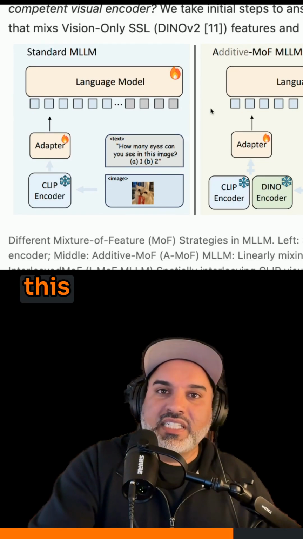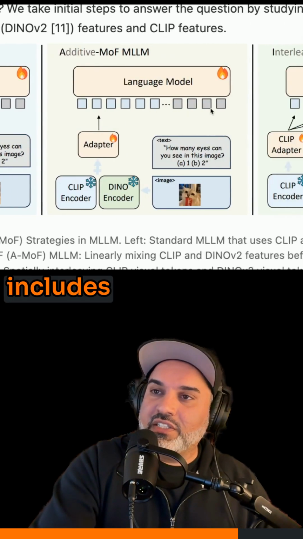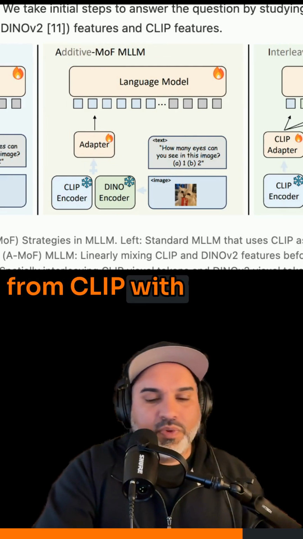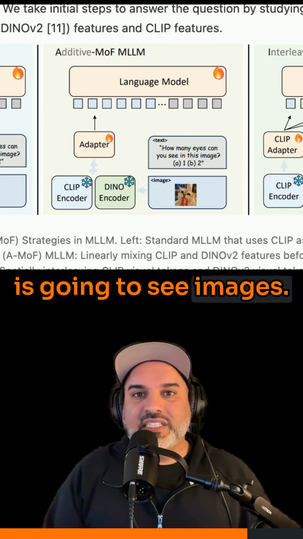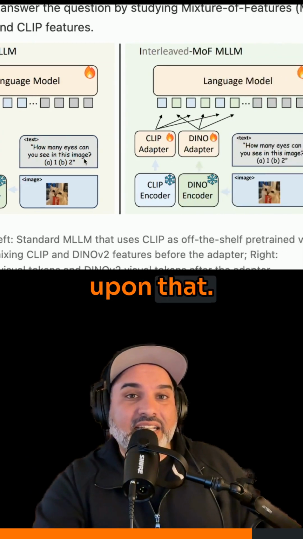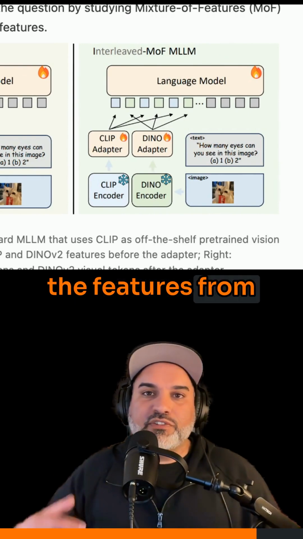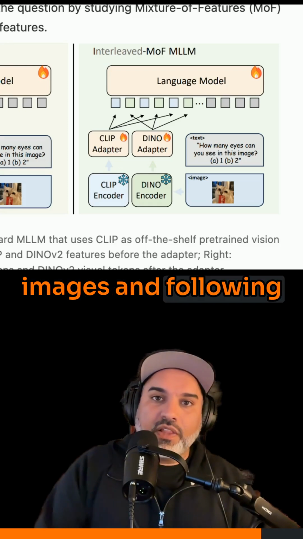So they improve upon this using something called a mixture of features, which includes an additive MoF. This method combines the features from CLIP with features from DINOv2, which improves how the model is going to see images, but it reduces its ability to follow instructions. To improve upon that, they use something called the interleaved MoF. This mixes the features from CLIP and DINOv2 to keep the model good at understanding images and following instructions.